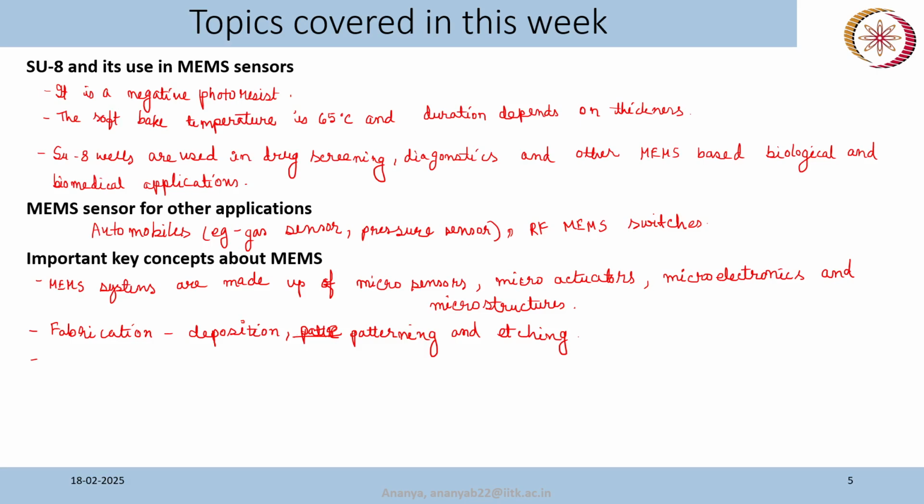But the selectivity in chemical etching is good. We know that buffered hydrofluoric acid will etch SiO2, not other materials normally used in our fabrication. Also, KOH will etch silicon, not other materials. So selectivity is good for chemical etching. And why we prefer chemical etching in MEMS, because many times we go for bulk micromachining, where we have to remove a bulk portion of the silicon substrate, and in that case we usually need higher etching rates, and chemical etching gives that.